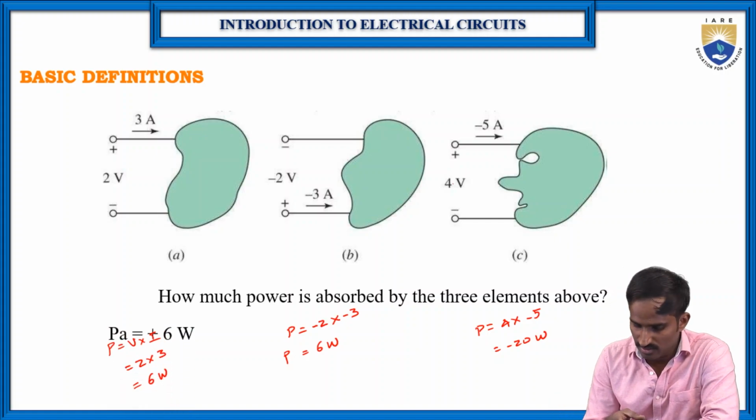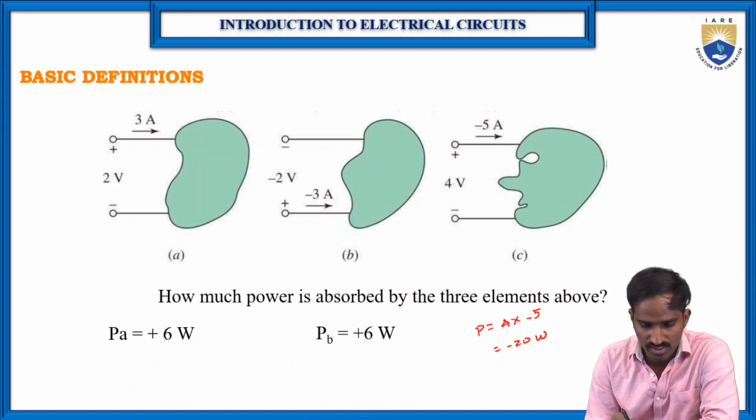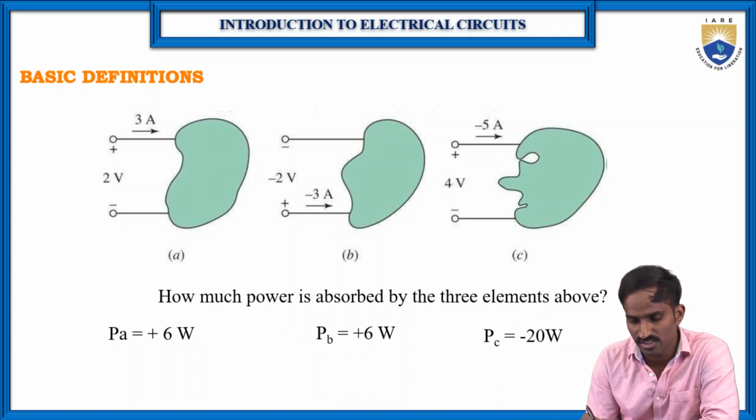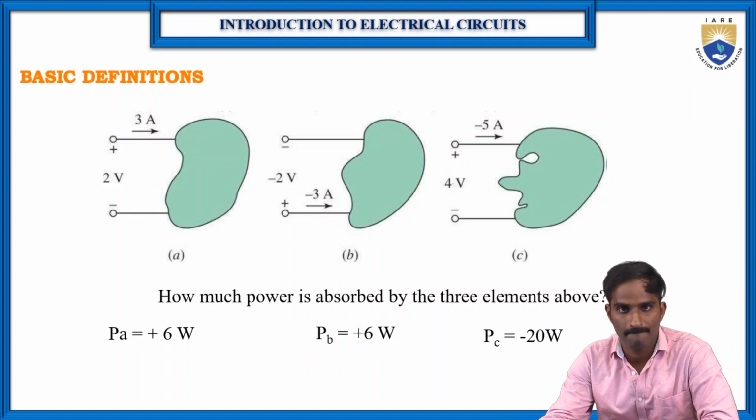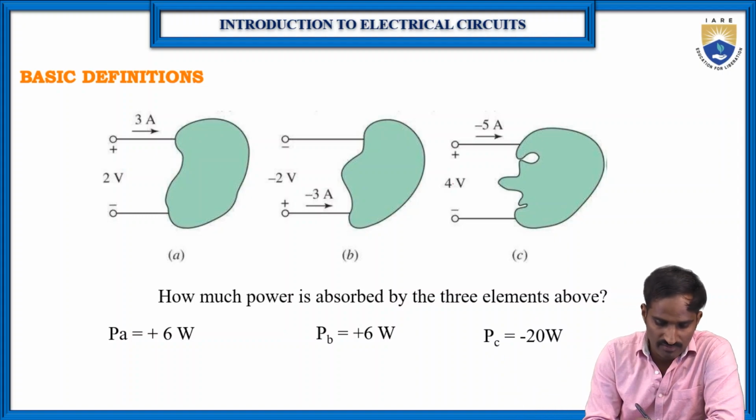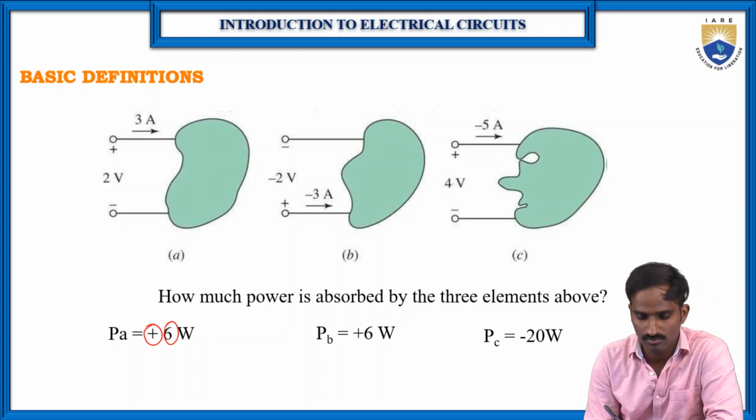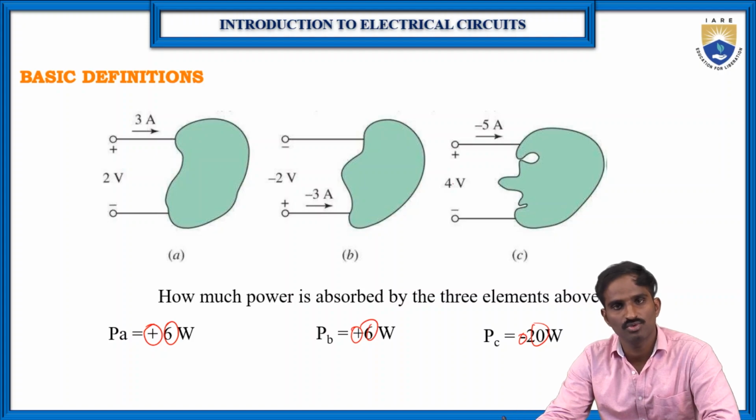So PA is plus 6 watts, PB is also plus 6 watts, but PC is minus 20 watts. The power has both polarity and magnitude. This is the basic definition of power.